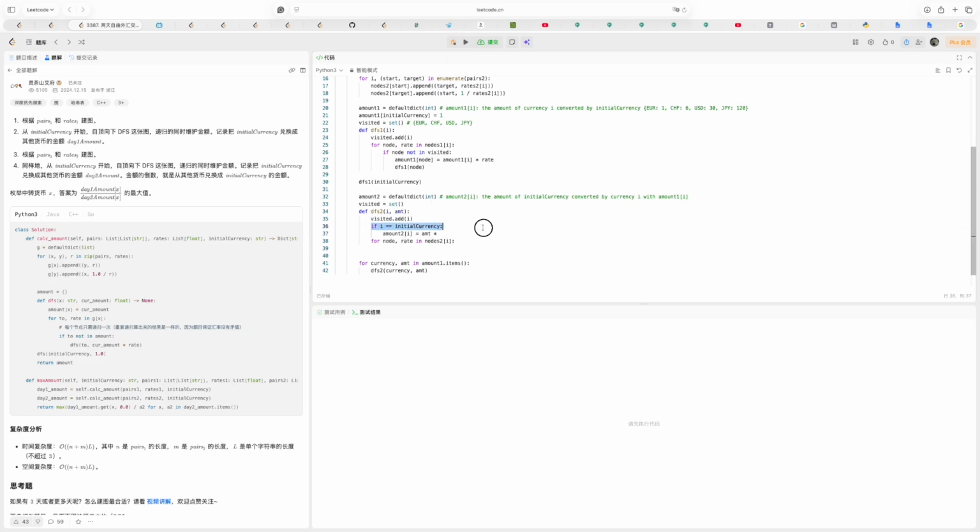Wait, I think it will be, okay. So if we find for node, rate in nodes 2 I in the graph, if it's not visited yet, we will have DFS2 with node and its amount will be current amount multiplied by rate.